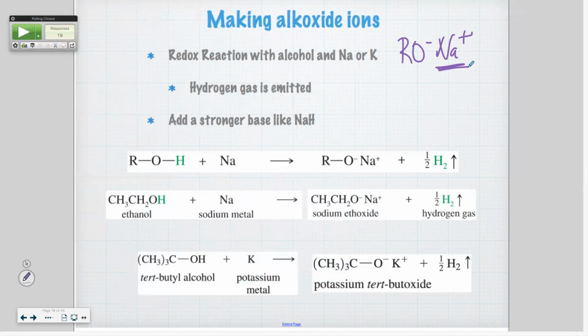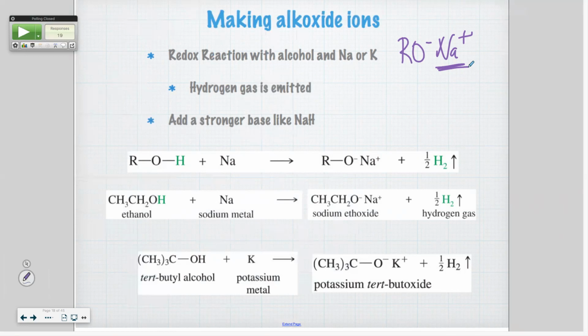You simply take the alcohol and you add sodium or potassium in there, and hydrogen gas is emitted. Those are the two that are the easiest to make in the lab, so they're the ones that get used the most. In particular, sodium is. You may all be going, oh, but sodium is so reactive with water. Yes, it is, but we use it all the time. We just don't throw it in water unless you have a little issue with the sink.